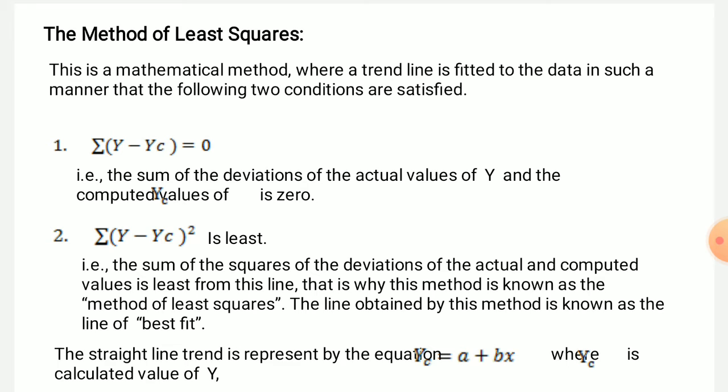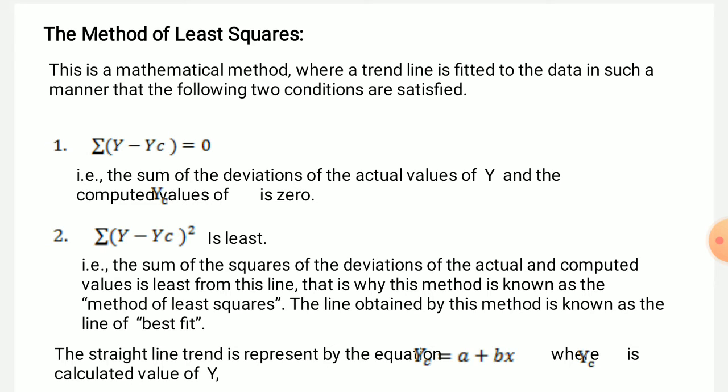The trend line is called the line of best fit. The sum of deviations of the actual values y and trend values yc is 0, and the sum of squares of deviations of the actual and trend values is the least.